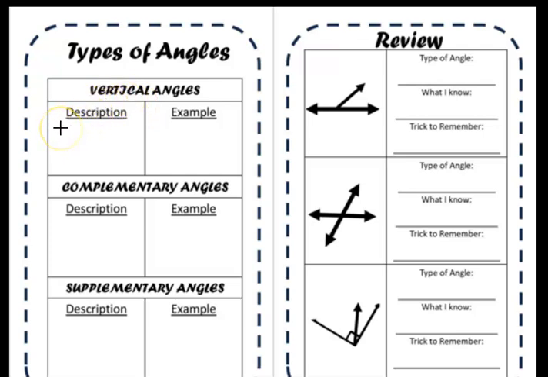And vertical angles are opposite, congruent angles formed where two lines cross, or when two lines cross.